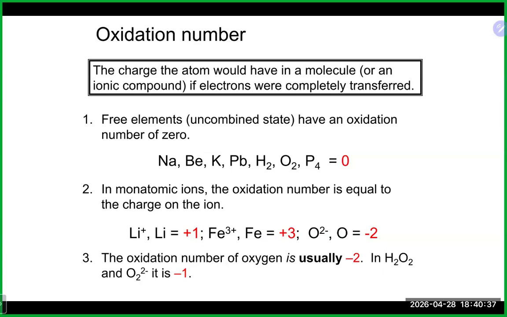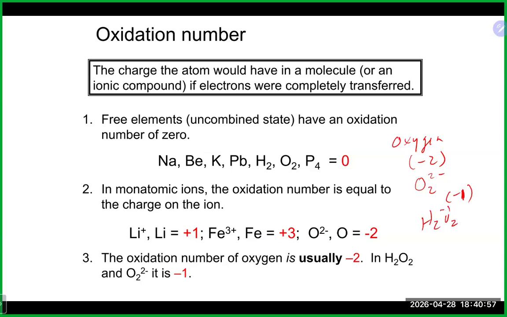A good place to start is oxygen. Oxygen is usually an oxidation state of -2. The one exception is when it is actually peroxide, it is -1 instead of -2. And that would be something like H2O2.